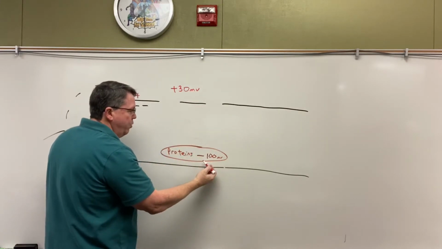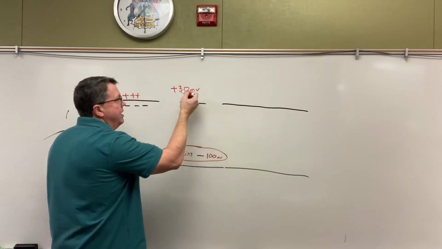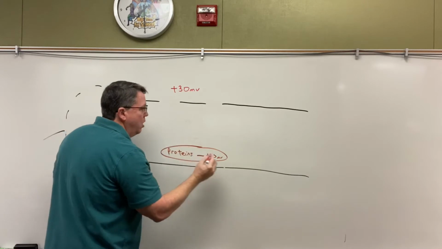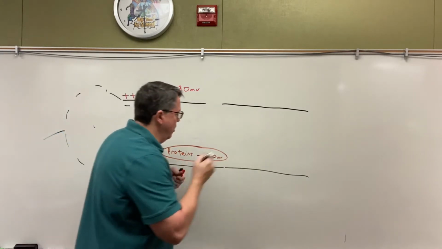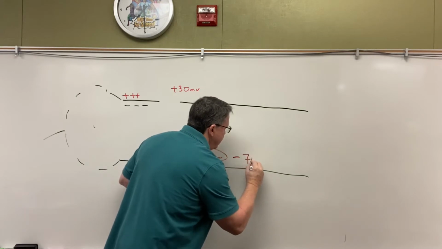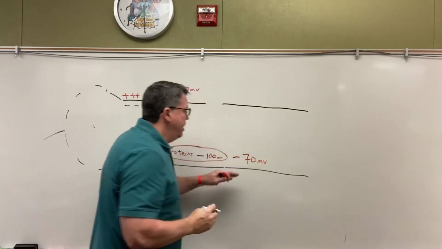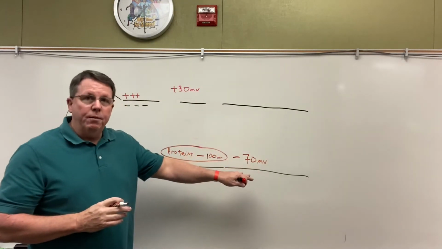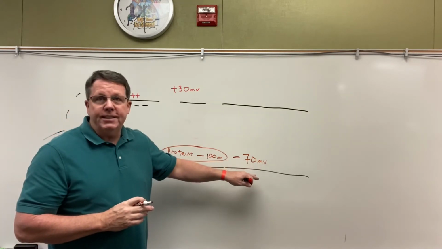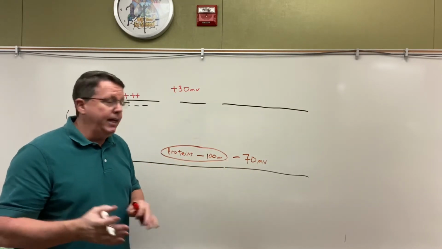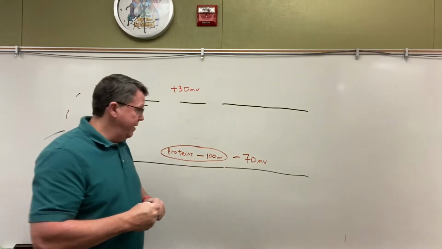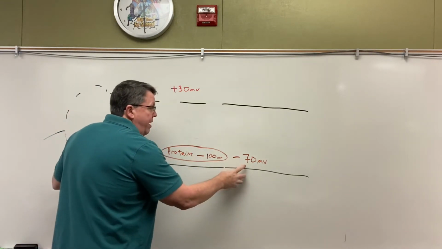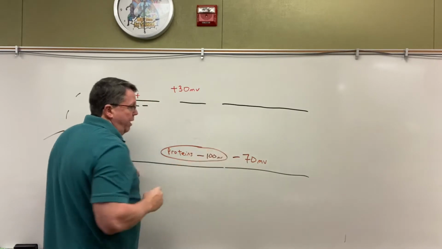This is not exactly how it works, I'm just giving you an idea. Well, the difference between those, negative 100 plus positive 30, would give me an inside resting membrane potential of negative 70. Now, some books will be a little bit different. I've seen this as low as negative 60. I think I've even seen once where it said negative 80. We're just going to say negative 70 because that's pretty much the average. So we have negative 70. That's my resting membrane potential.